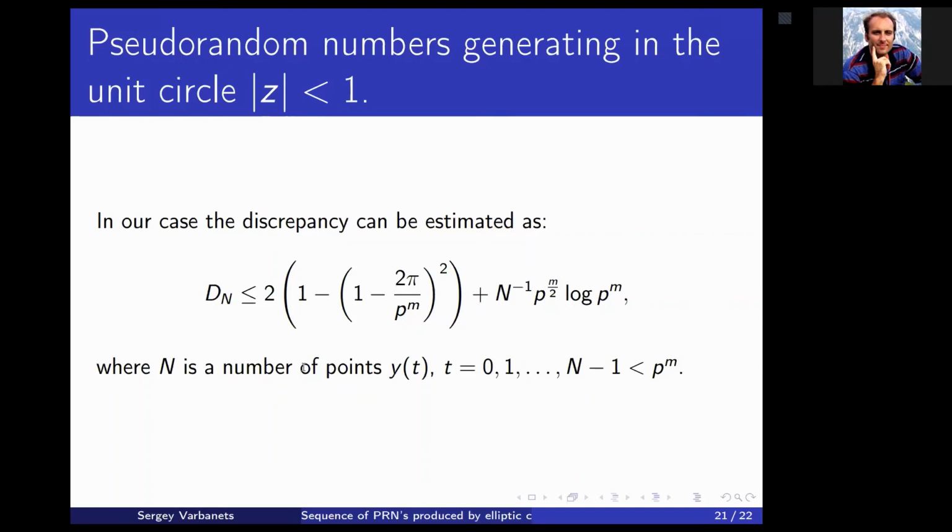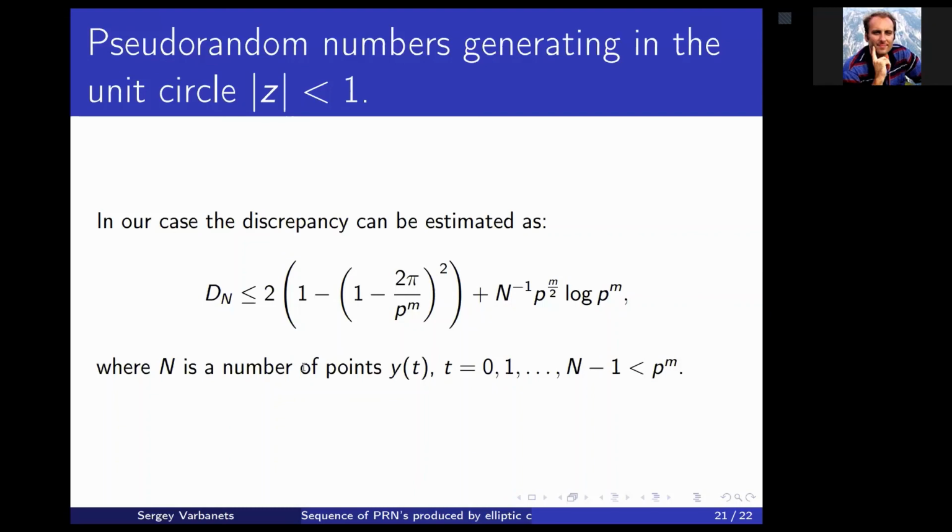But in the case of the unit circle, the equidistribution of points depends only on the size of sectors: the count of points that fall in some subsectors of the unit circle depends only on the size of such sectors and does not depend on the position of sectors in the unit circle.